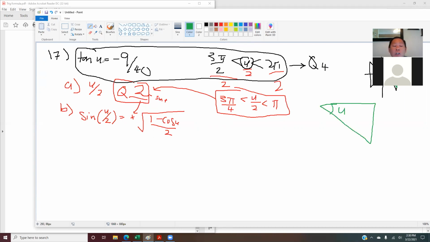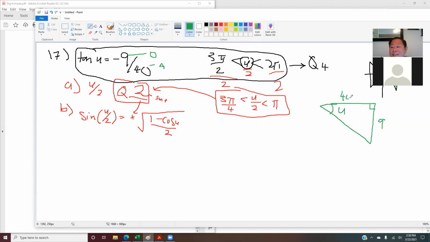And tangent is what over what? Sine over cosine. In SOHCAHTOA, because once we look at triangles, we use SOHCAHTOA: opposite over adjacent. So your opposite is 9. Your adjacent is 40.